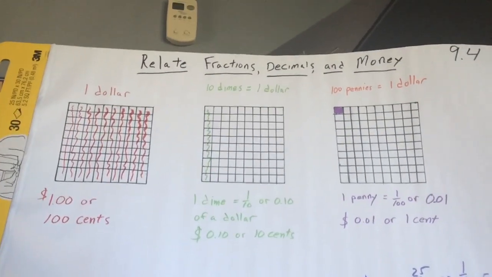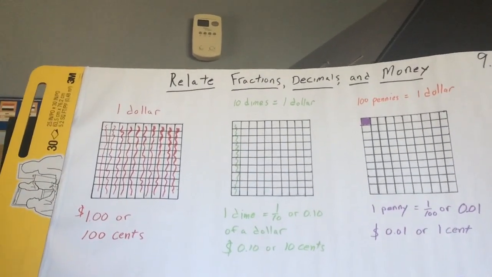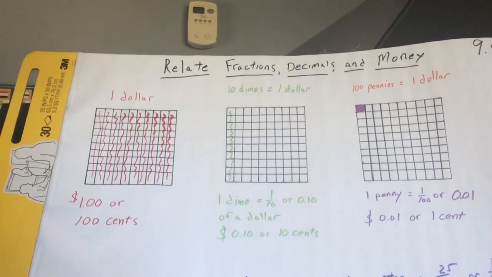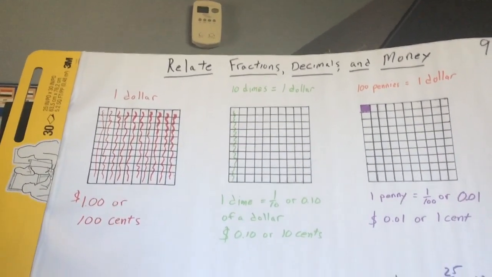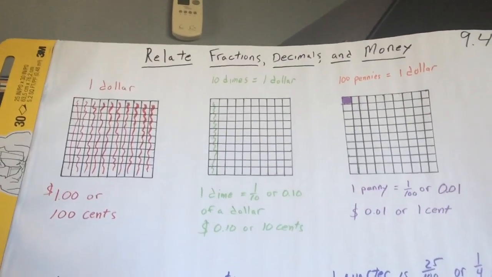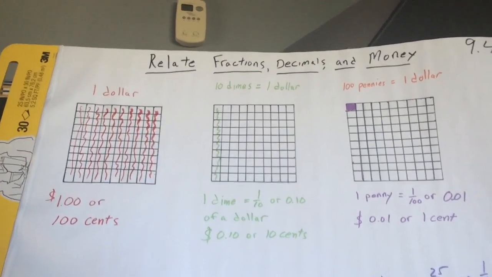I'll bring it over here for you. And there's our board. If you look, first we start with the $1 in red. And $1, we're going to shade the whole model. That would be like one of your flat base 10 blocks. And that's $1 or 100 cents. Now in the middle, we're going to go to dimes. 10 dimes equal $1.